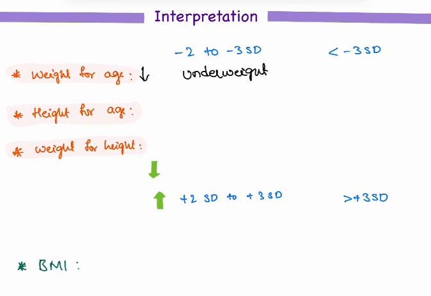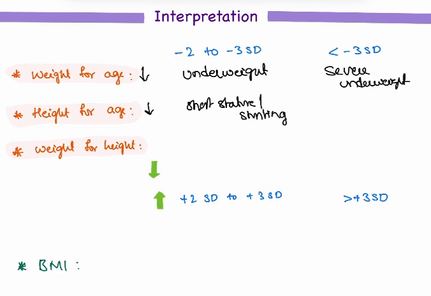When it is below -3 standard deviation, it is severe underweight. When the height for age decreased, it is known as short stature or stunting. When it is below -3 standard deviation, it is severe stunting.